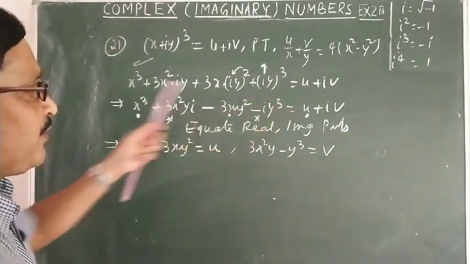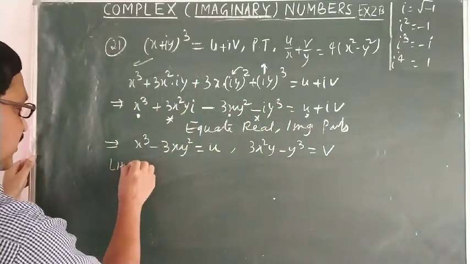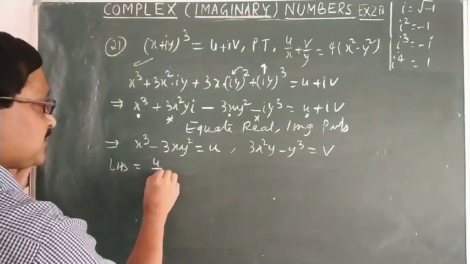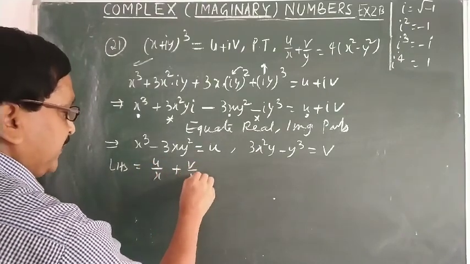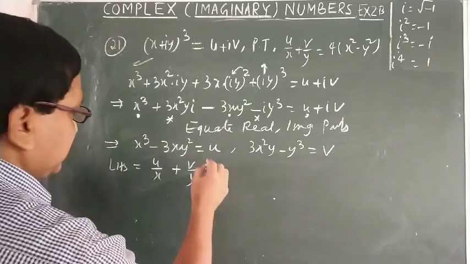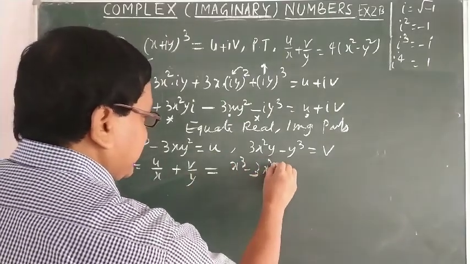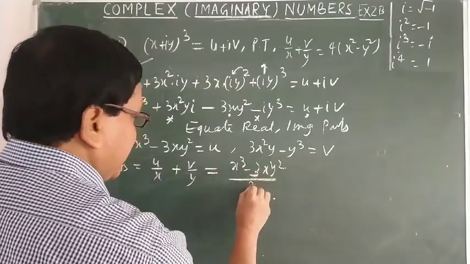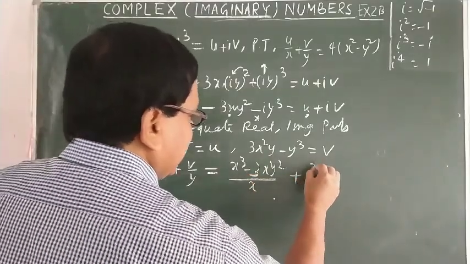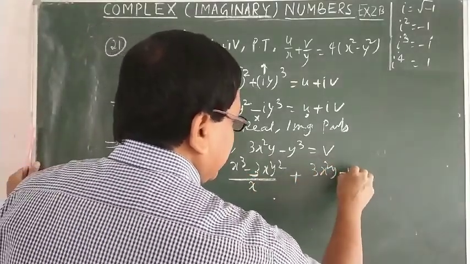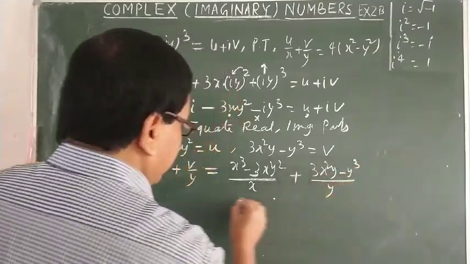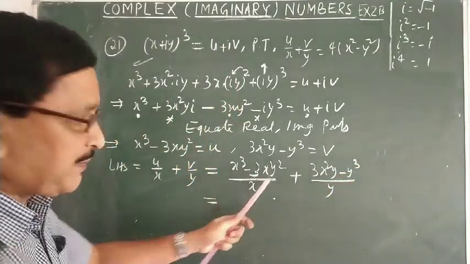Now starting from LHS and putting the value of u by x plus v by y. Put the value of u. This is x cube minus 3xy square by x plus v, 3x square y minus y cube by y. Now x is cancelled after taking common.